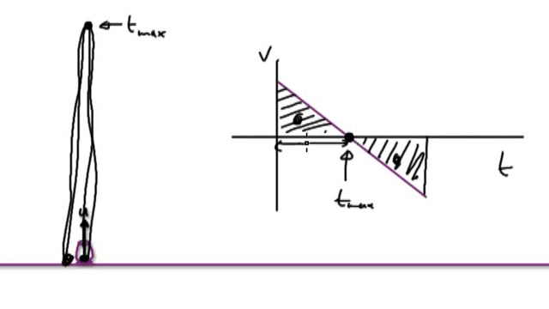If the two areas are the same, then the time it takes to get to maximum height will equal the time it takes to free fall back down to Earth. And you can imagine it like this.